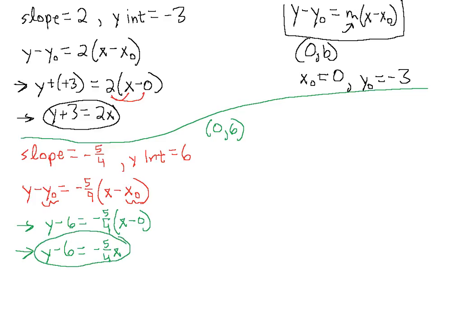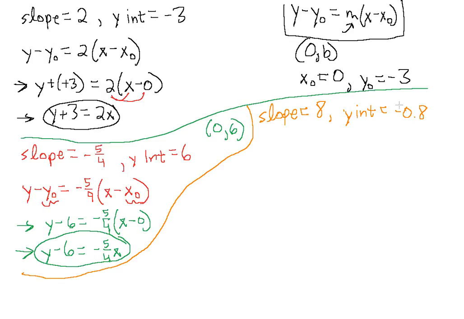So we're being given the slope and the y-intercept of a line, and we're writing the linear equation in point-slope form. So let's do a few more. We have a slope of 8, and a y-intercept of minus 0.8.